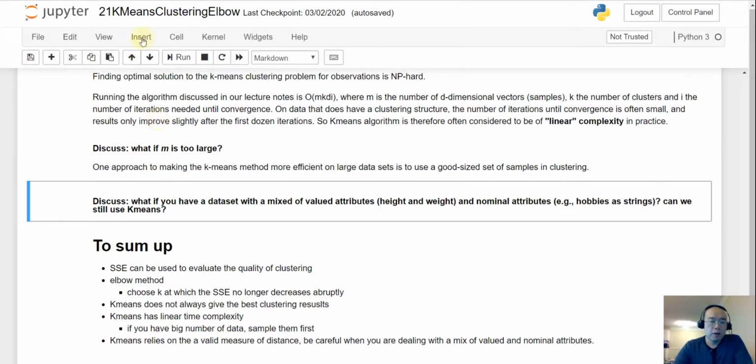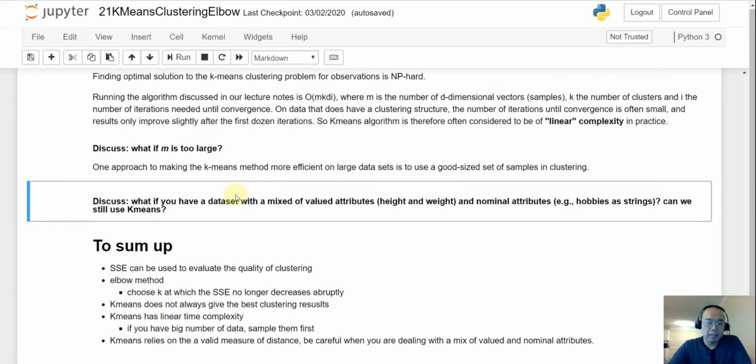Remember, k-means does not give us the optimal clustering result. When you run k-means several times with different random seeds, you will get different results, and this is not a big surprise. However, the good thing is that k-means runs very fast, and usually we consider k-means a linear time clustering algorithm.